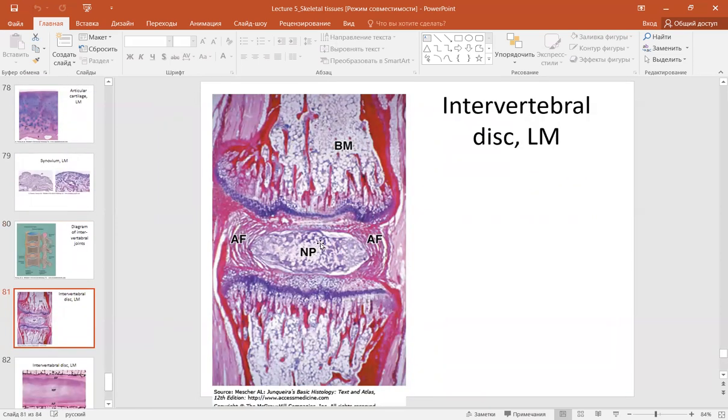Again, two vertebral bones contact the intervertebral disc, annulus fibrosus, nucleus pulposus, cartilaginous tissue, and bony tissue with the spongy bone space, which is filled with the red bone marrow.